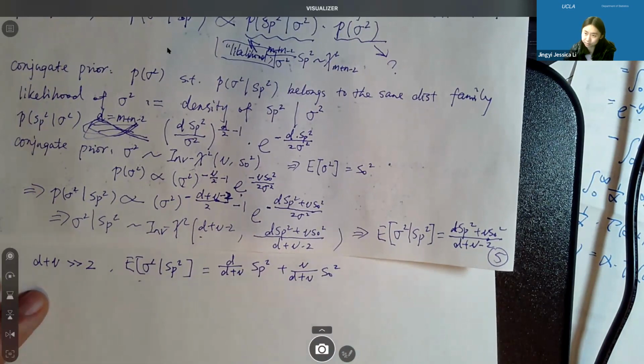So basically, you are using your prior knowledge to supplement your data. This is a very straightforward way to see the nature of the Bayes estimator.